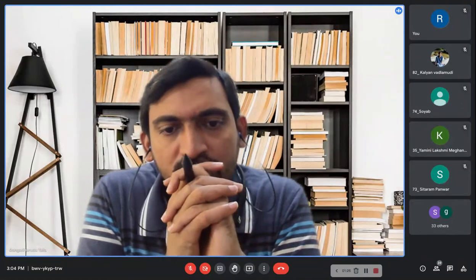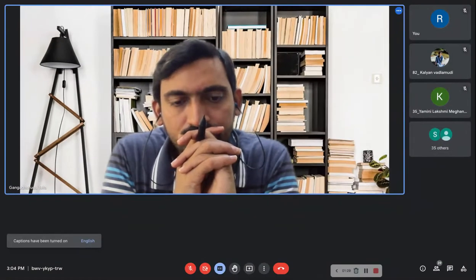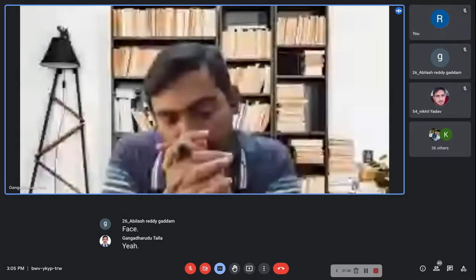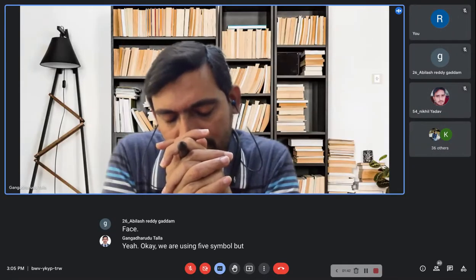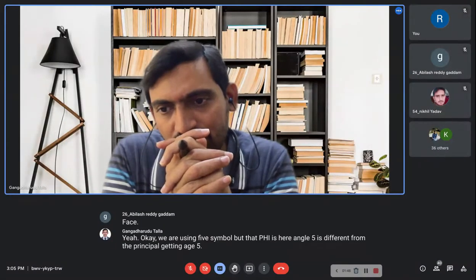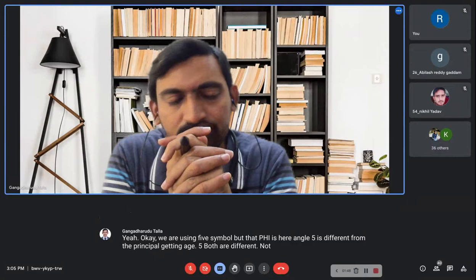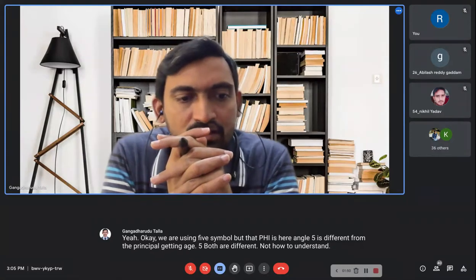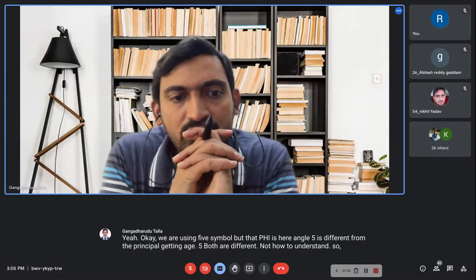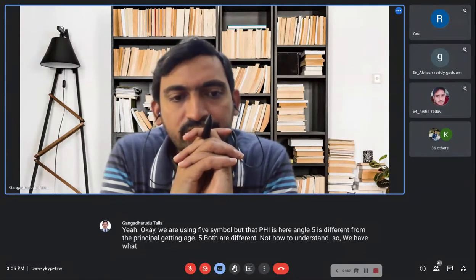Now, what is the symbol for shear angle? Phi. Okay, we are using phi symbol, but that phi, shear angle phi, is different from the principal cutting edge phi. Both are different. That you have to understand. So what is tan phi?